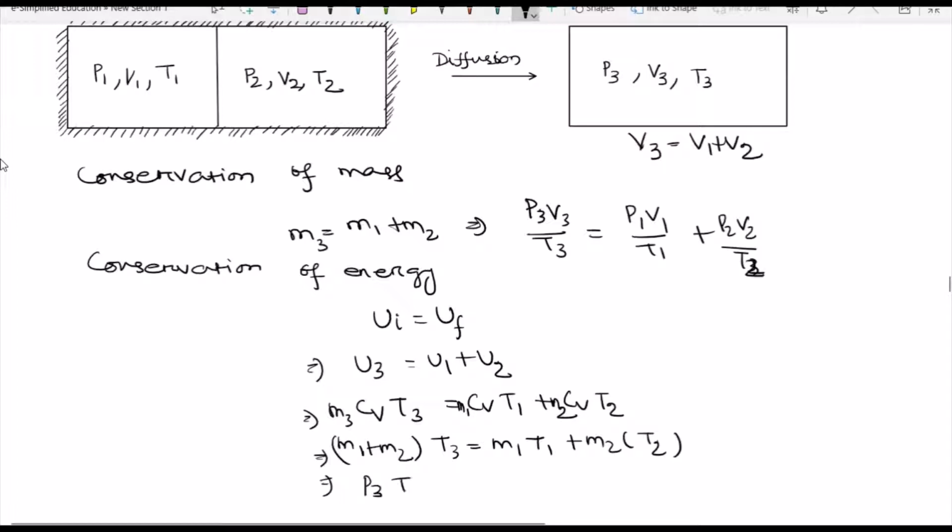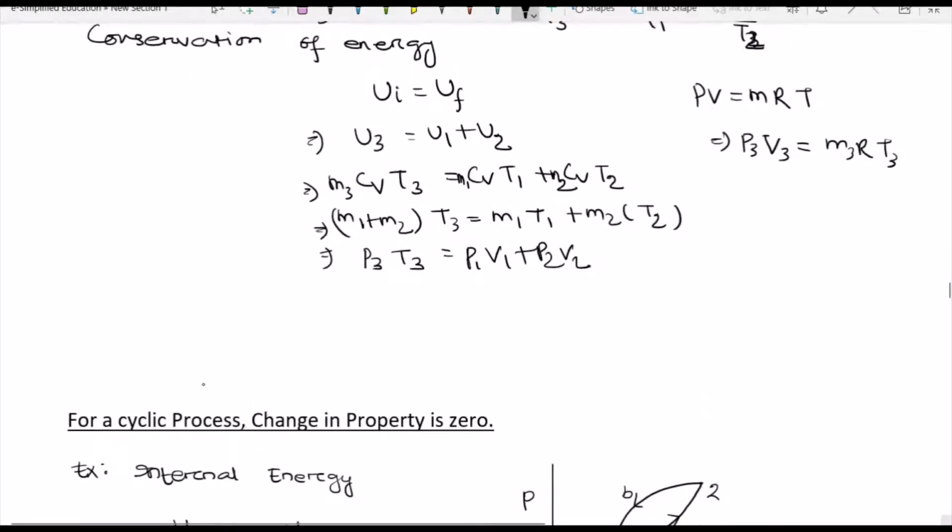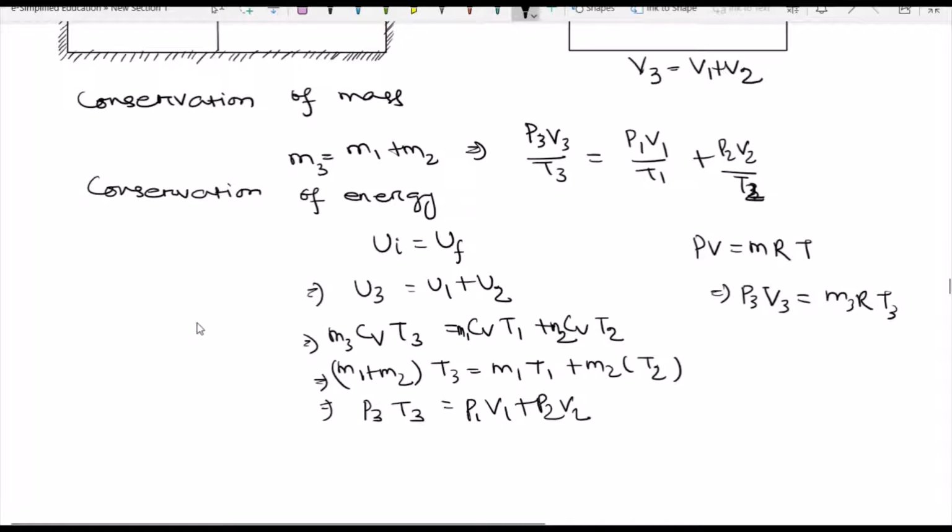Now, PV equal to MRT, so I can write P3 V3 is M3 R T3. So R will get cancelled everywhere: P1 V1 plus P2 V2. From conservation of mass you get one equation, and from conservation of energy you get this equation.